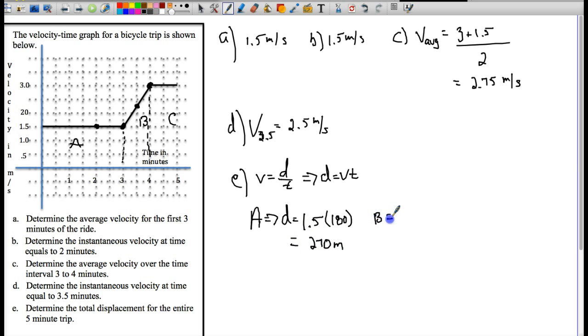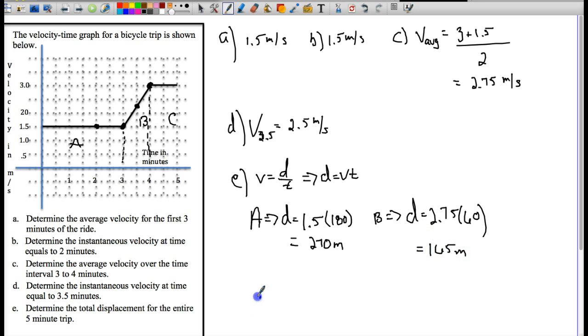For section B, we found the average from 3 to 4 to be 2.75. So we get D equals 2.75. It's for 1 minute, which is 60 seconds, which gives us 165 meters.